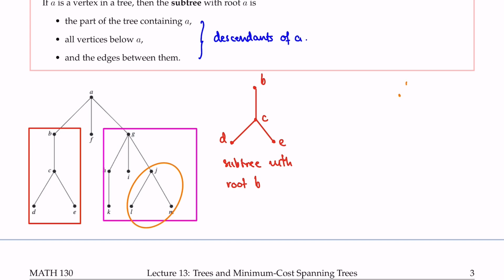We can try this: this is J, and this is L, this is M, and this is a subtree with root J.